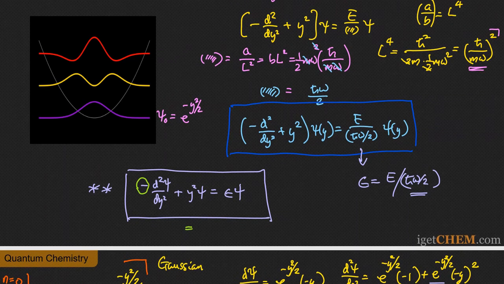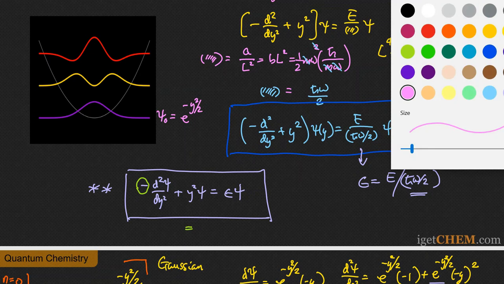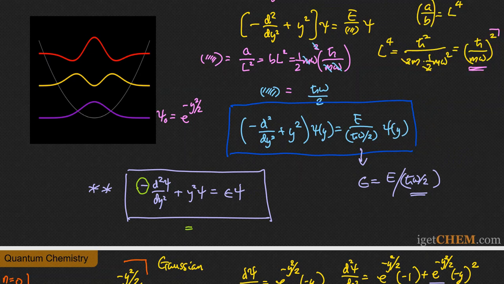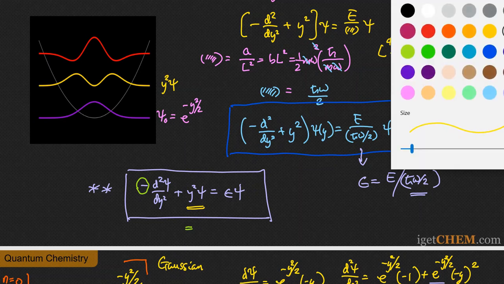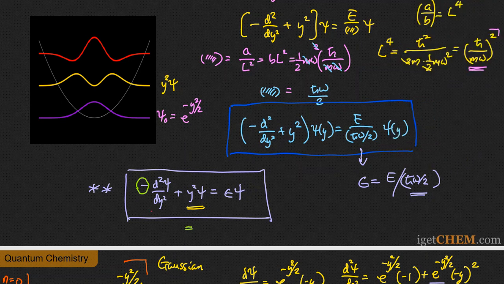The first of them, this yellow one, is actually this term. So if you take psi and multiply that by y squared, you get this function right there. And the red one is actually the first term. So if you take d squared psi dy squared, you'll get the red function.